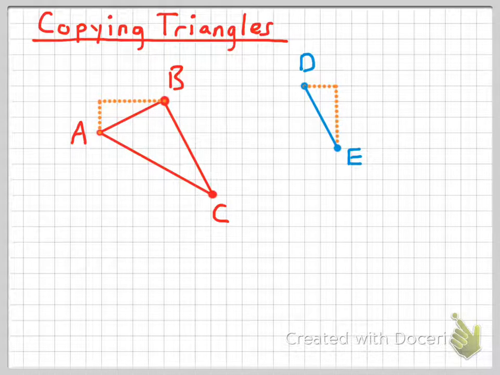would be congruent to, or equal to, that distance from A to B. Next, I'm going to copy the distance from B to C, and I'm going to make that from point E to some point F over here. I'm going to use the same basic strategy to copy that distance. Notice that from point B to point C, if I go right 3 units and then down 6 units, that creates the hypotenuse of that triangle, which is segment BC.